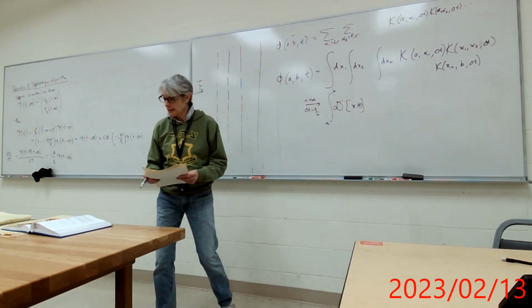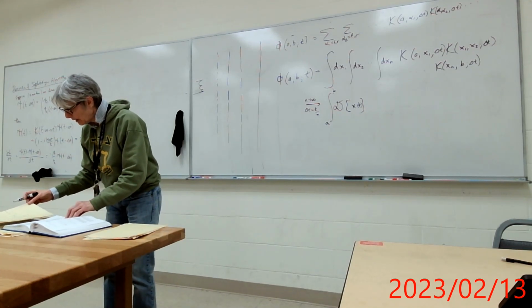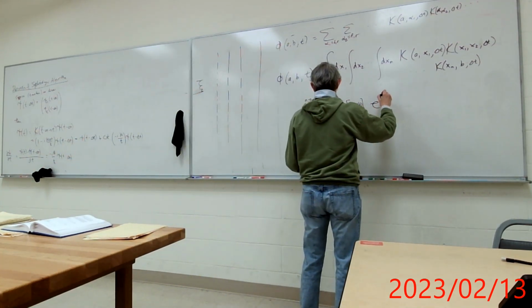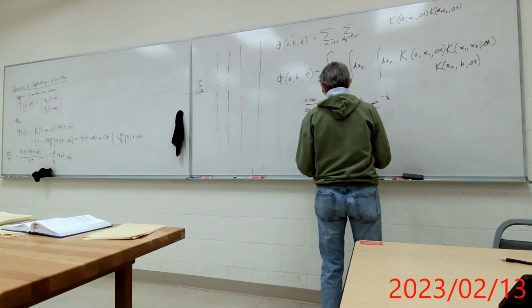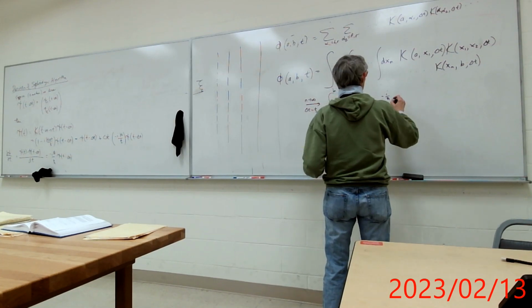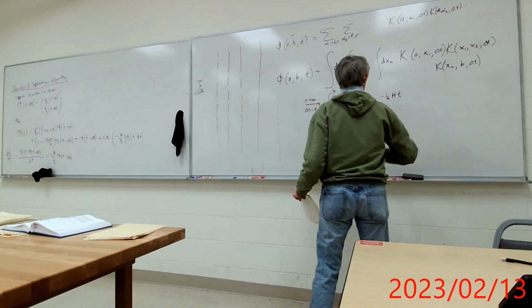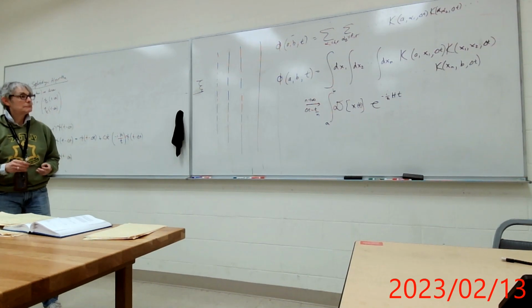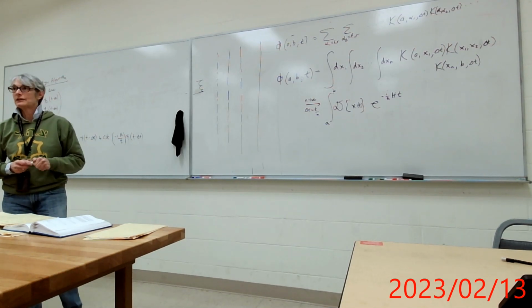And we weight the integrand as e to the minus i over h bar, let's just write it as h t. So that's how we get the path integral.